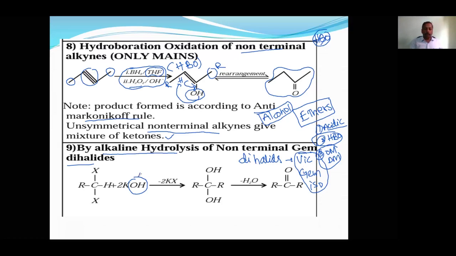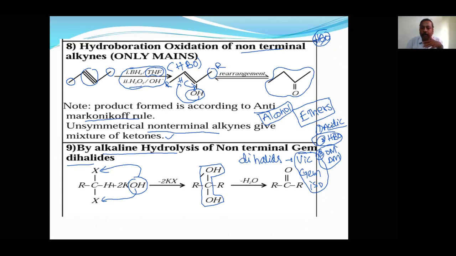So this OH will go here, and another OH will go here. Two OH groups on the same carbon is very unfortunate, because a single carbon cannot bear two oxygens, as oxygen is so much electronegative.